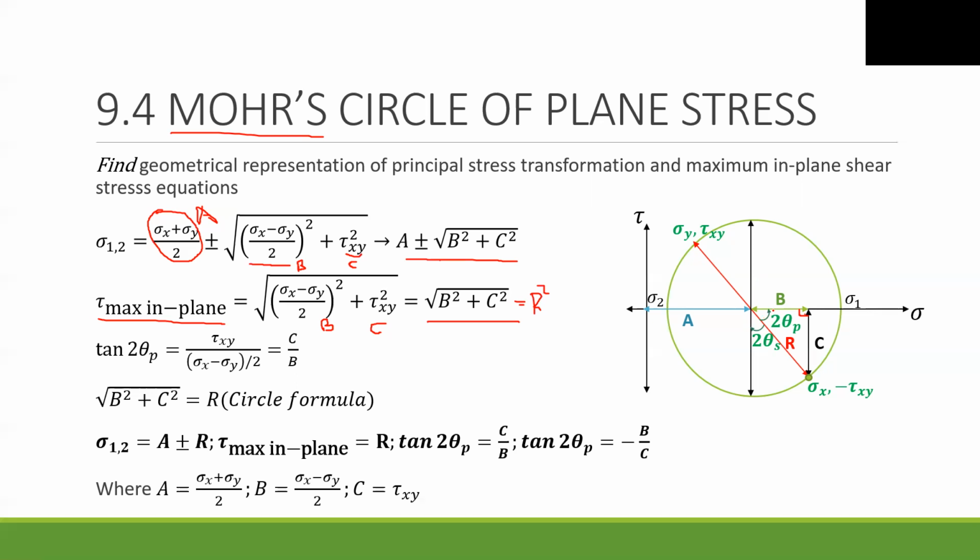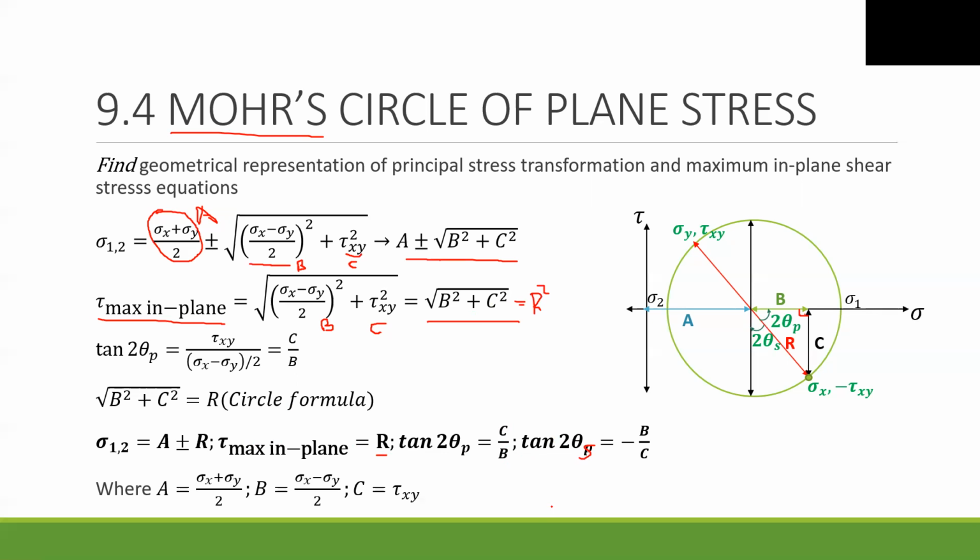So I can say that sigma 1 and sigma 2 are equal to A plus or minus R, where R is equal to the square root of B squared plus C squared, tau max is equal to R, and tangent 2 theta p is equal to C divided by B, and tangent 2 theta s is equal to minus B divided by C. Maybe you remember that theta s is the orientation angle of the maximum in-plane shear stress.